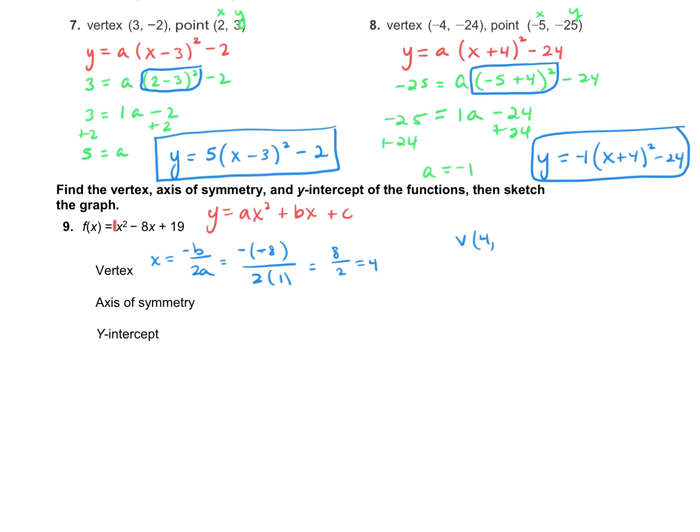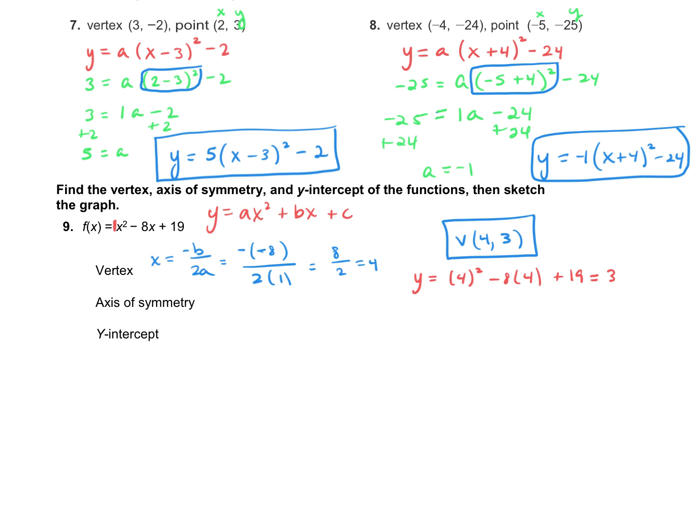Now the y value, we're just going to plug a 4 in for the x's and simplify to see what the y is. So y equals 4 squared minus 8 times 4 plus 19. And that gives us a positive 3. So we know the y coordinate is 3. So our vertex is at 4, 3.